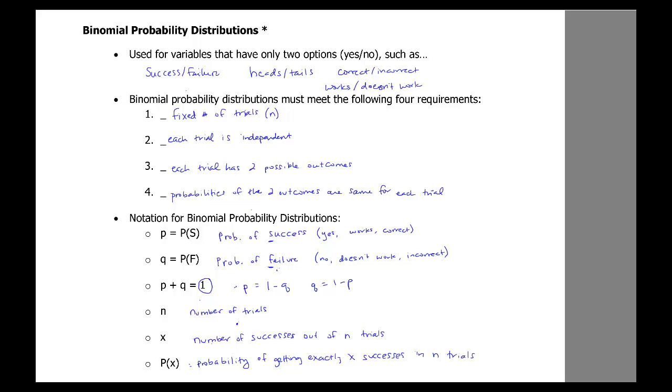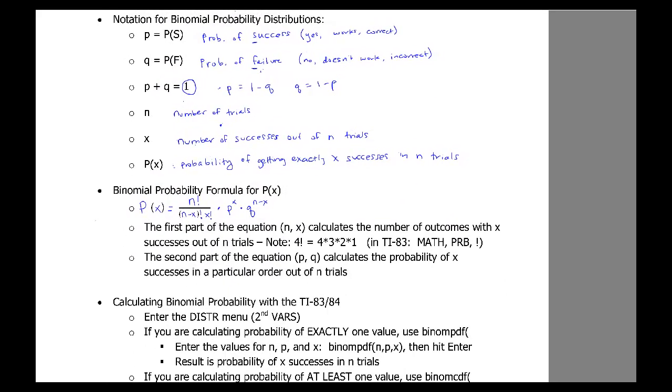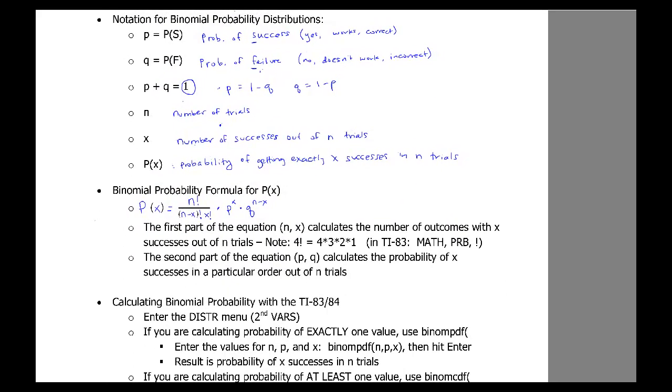So I have an equation below this that we can use to calculate the binomial probabilities. And you'll see we have probability of x to start out with. So the probability of getting exactly x successes in n trials.